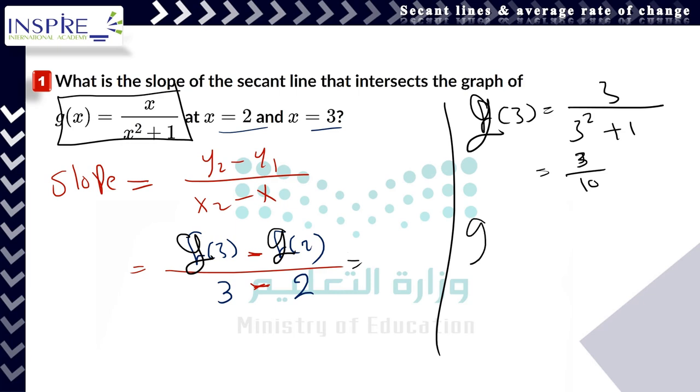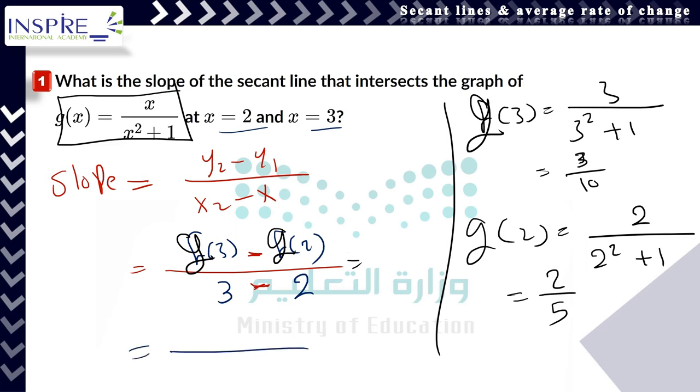And then we will get g of 2, plug into the function, so it will be 2 over 2 squared plus 1, which is equal to 2 over 5. And then the last step for your numbers, g of 3, which is 3 over 10, minus g of 2, which is 2 over 5, over 3 minus 2. The answer will be -1 over 10, which is -0.1.